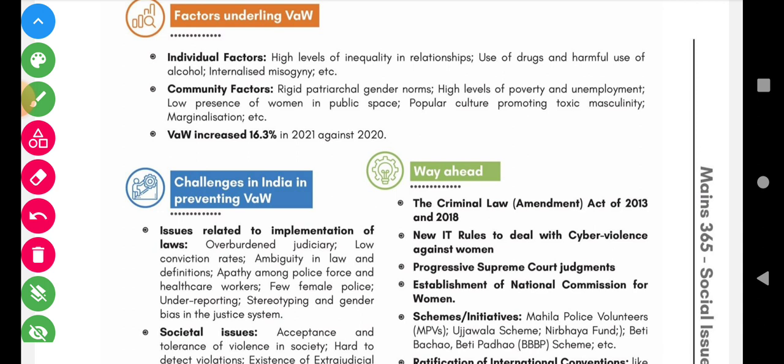Individual factors include inequality in relationships, use of drugs and harmful use of alcohol, and internalized misogyny. Misogyny means hatred of or prejudice against women.